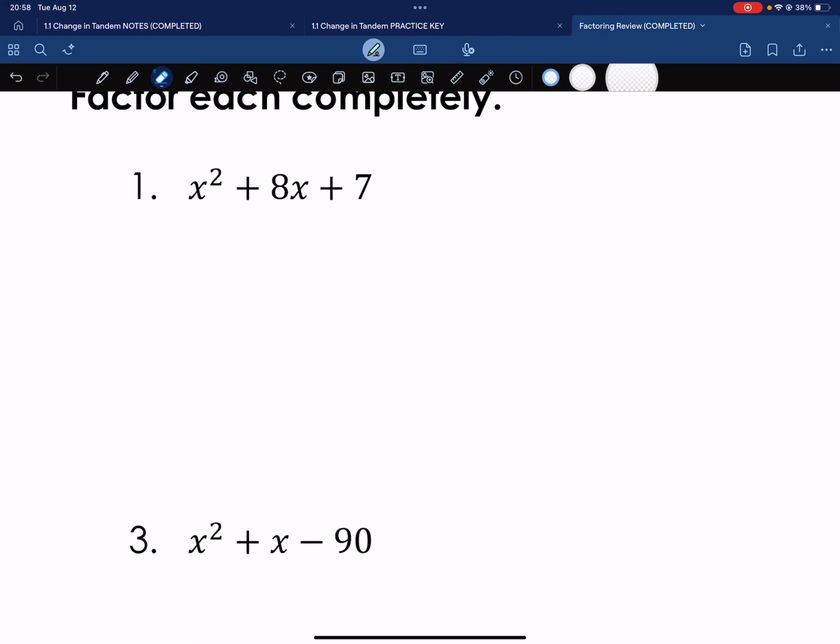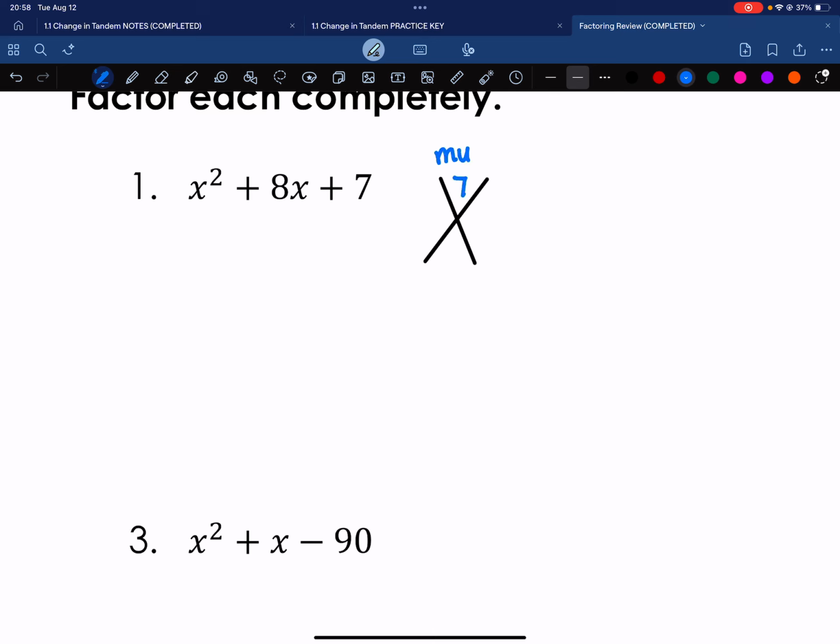So looking at number 1, okay, is there a number in the spot of a other than 1? The answer is no. So then we can go on to factoring. What I like to do is organize my thinking by drawing a little X. It's not required, it's just an organization tool. So we want to figure out what we can multiply to get the last number, which is 7.